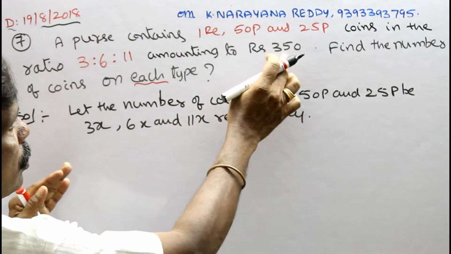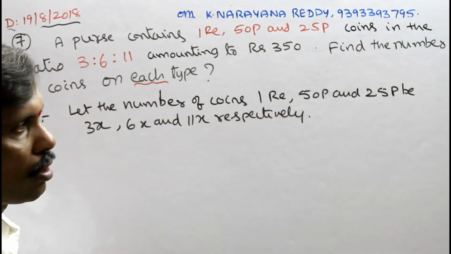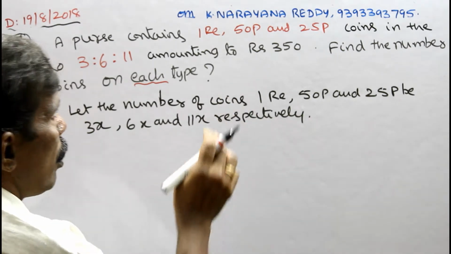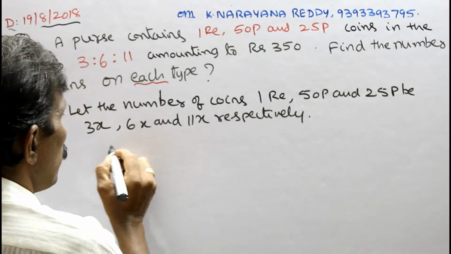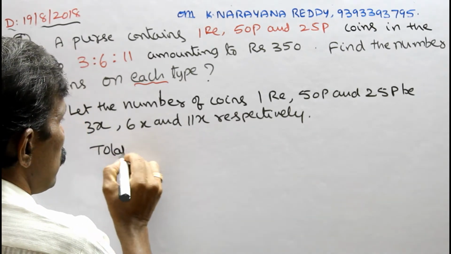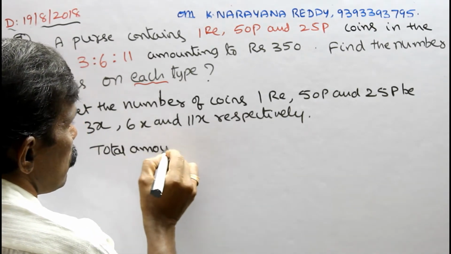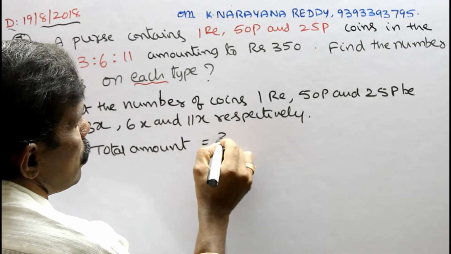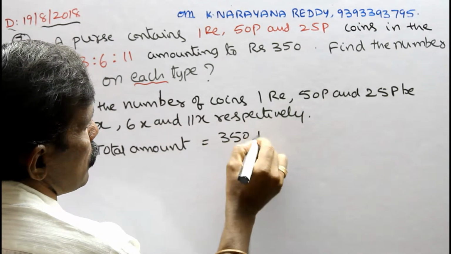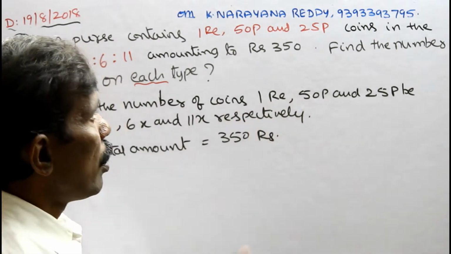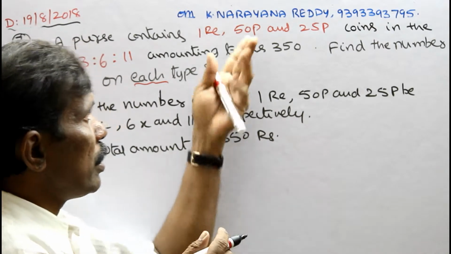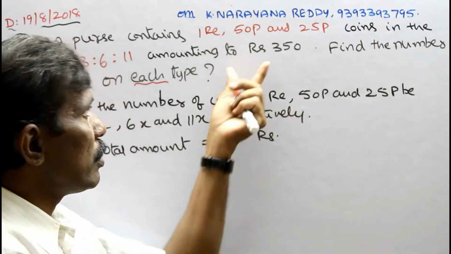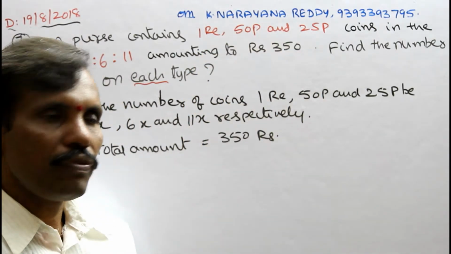Okay. Now this amounts to 350 rupees. So 1 rupee coin is nothing but 1 rupee. Okay, leave it. Total amount equals 350 rupees. Now by combining these three types of coins, you can get totally 350 rupees.